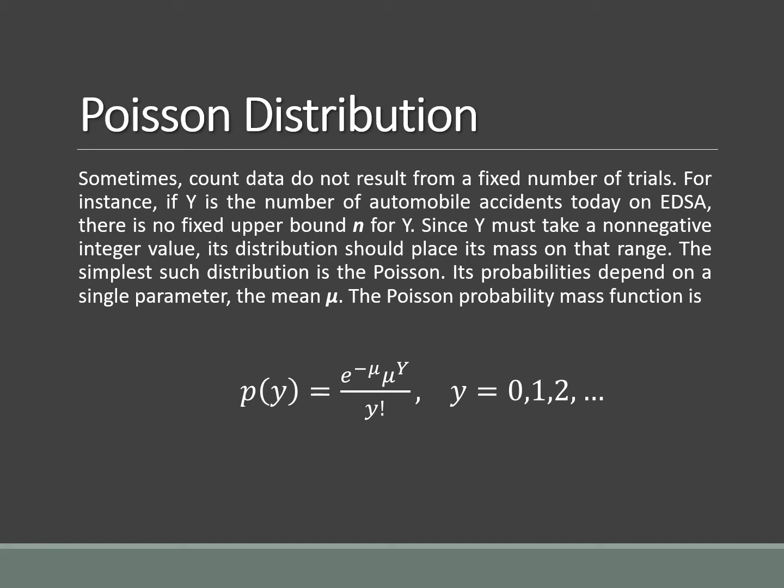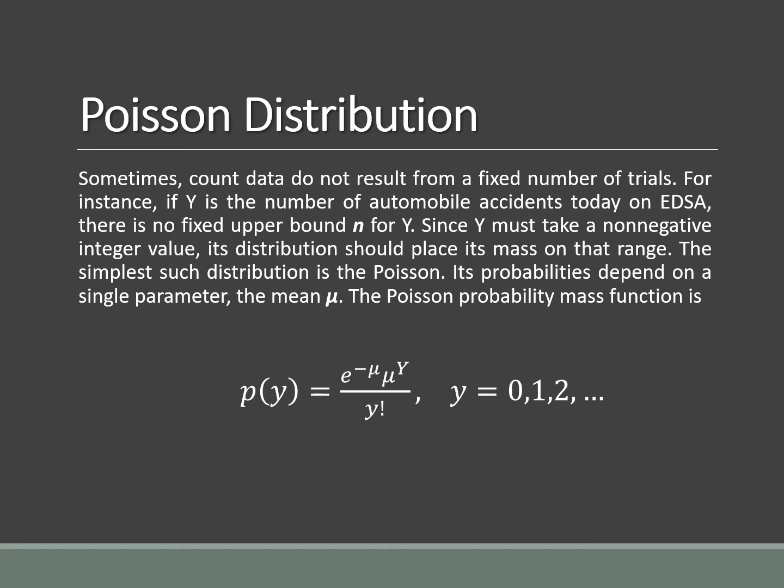Since there's no fixed upper bound n, which is basically the number of vehicles that will be going through EDSA, y must take a non-negative integer value and its distribution should place its mass on that range. So the simplest distribution for this kind of situation is the Poisson distribution.